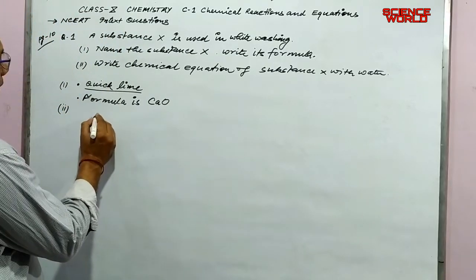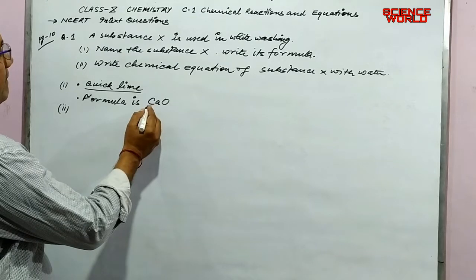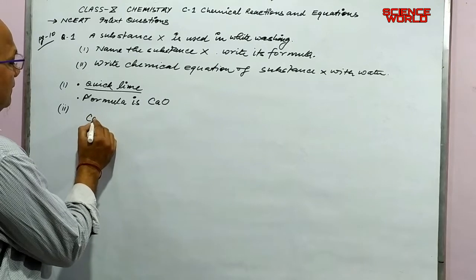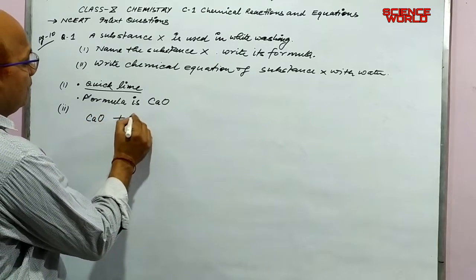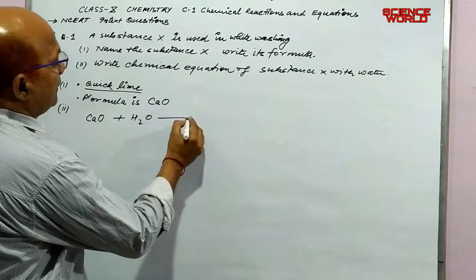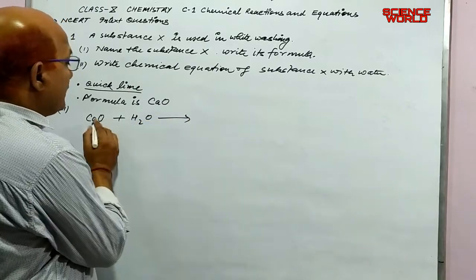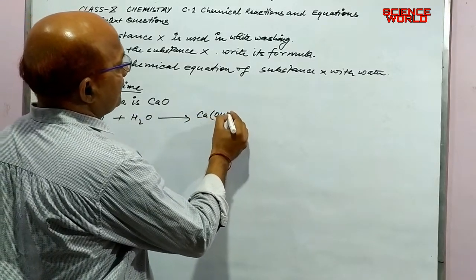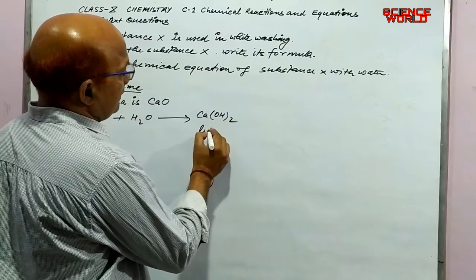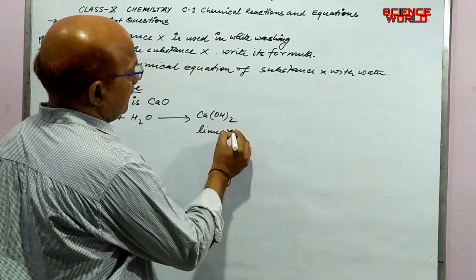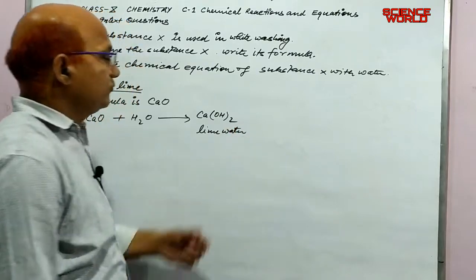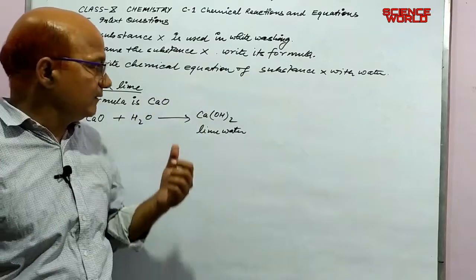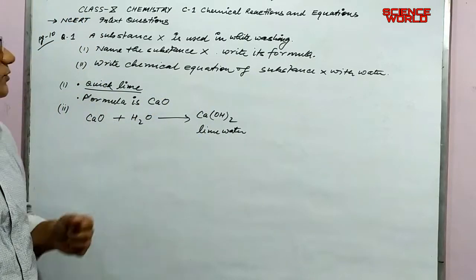Substance X is quicklime, CaO plus water. When quicklime reacts with water, it gives calcium hydroxide. It is lime water. So, this is the chemical equation of substance X with water. Now, take a screenshot of it.